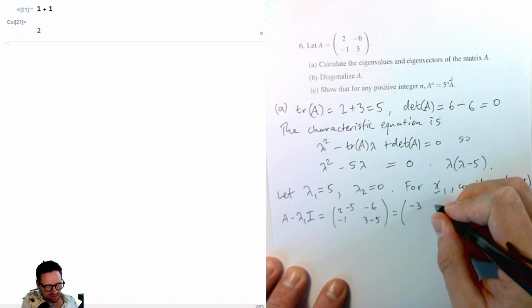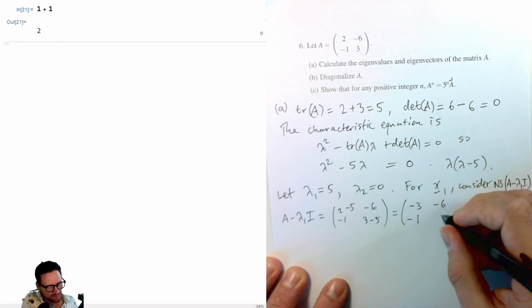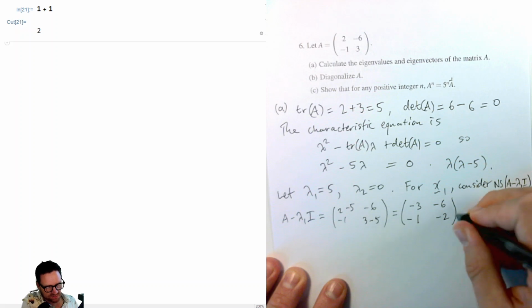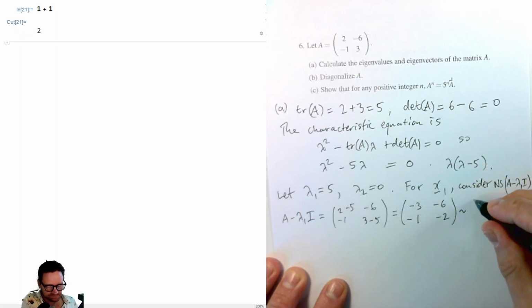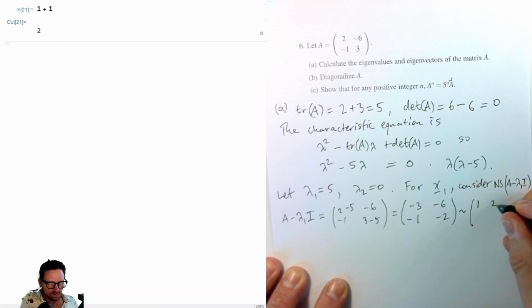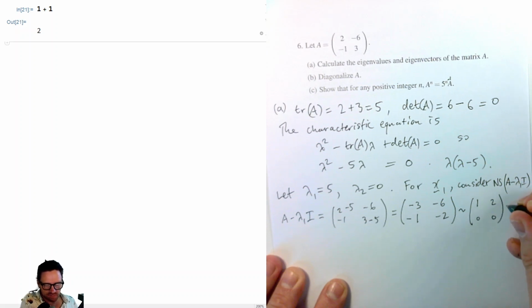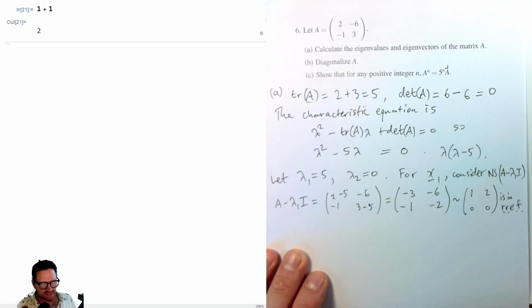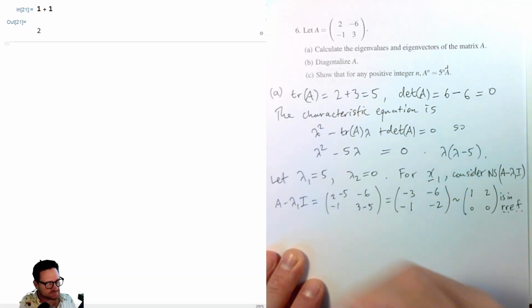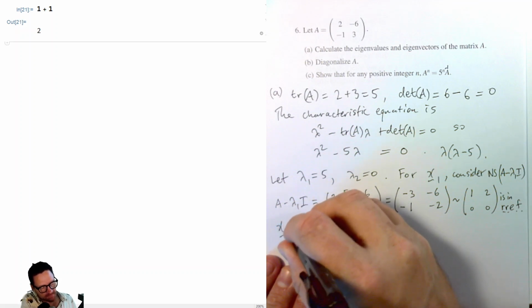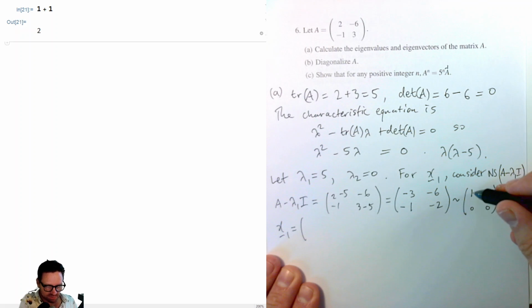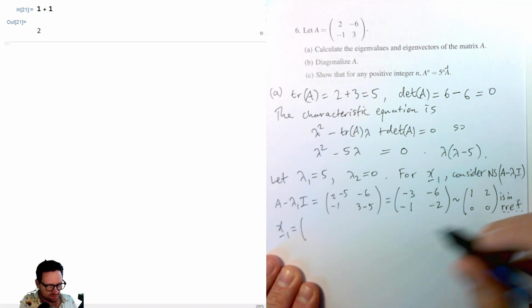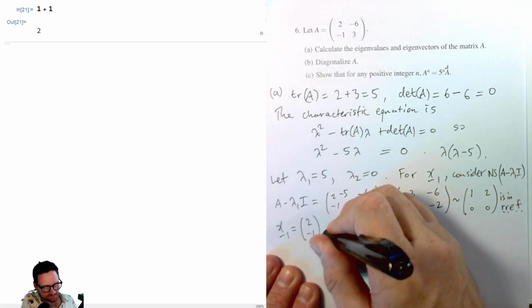So minus 3, minus 6, minus 1, minus 2, and this is equivalent to 1, 2, 0, 0. That's the row reduced echelon form. Okay, and so from this we can read off an element of the null space of this matrix and call it x1. Now what we do is we write these in reverse order, so 2 and put a minus on the other one. So 2, minus 1.